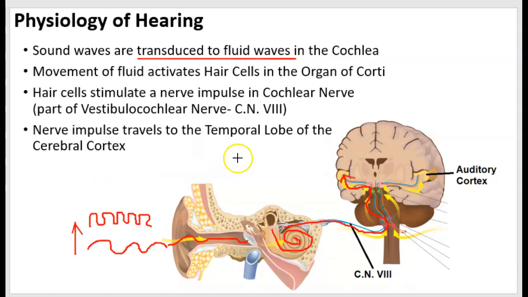And the part of the brain that recognizes sound that the cranial nerve 8 travels to is the temporal lobe. So hearing, or the auditory cortex, is located in the temporal lobe of the cerebrum.